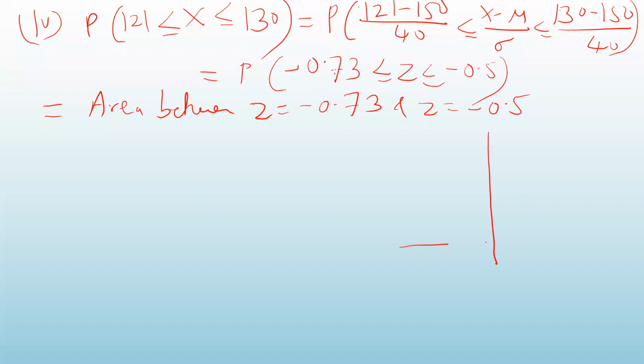Look at where they will be. Draw the normal curve. So this is Z equal to 0. Z equal to minus 0.5 will be somewhere here, and minus 0.73 will be somewhere here. So which area do we want? We want this area.